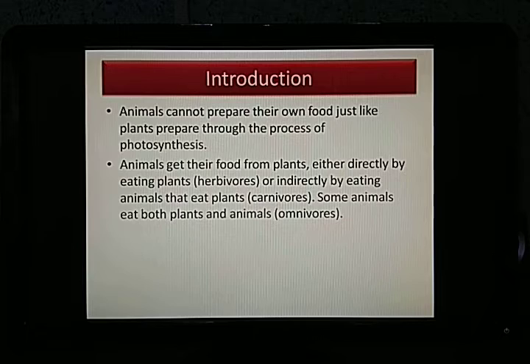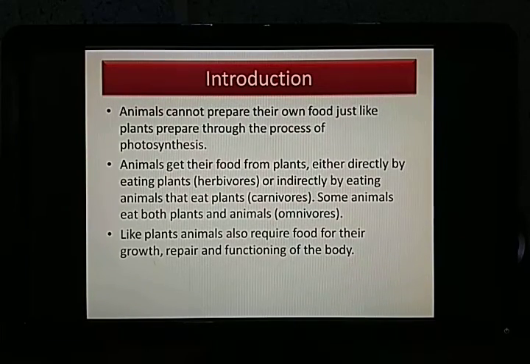They are dependent both on plants as well as on animals. They are called omnivores. For example, bear. Even human beings fall under this category of omnivores. Humans eat both plants as well as animals. We all know that. So we fall under the category of omnivores.